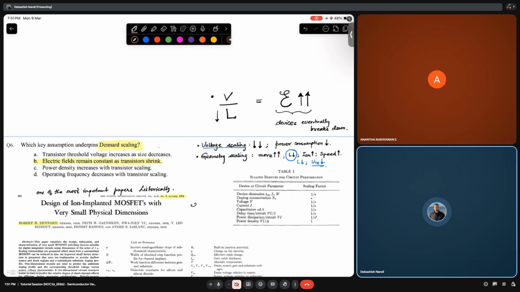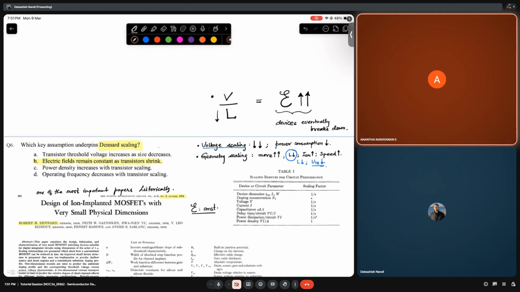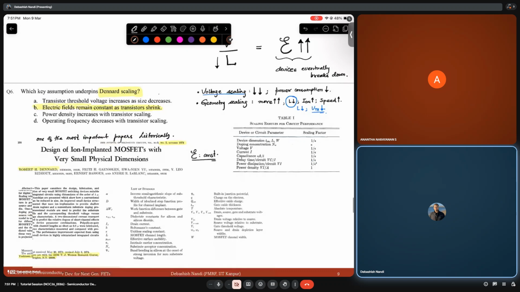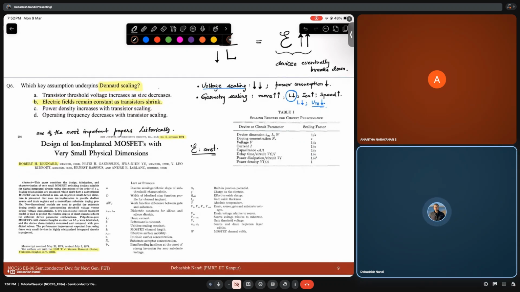He predicted the electric field to be constant and charted out the way that the semiconductor industry should determine what technology, thickness, and doping should be.